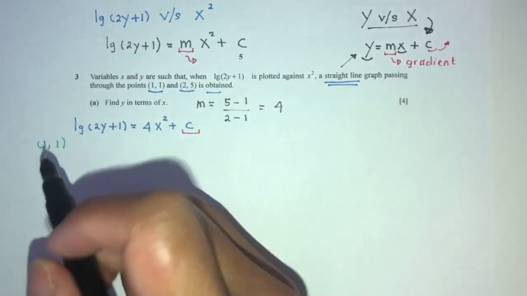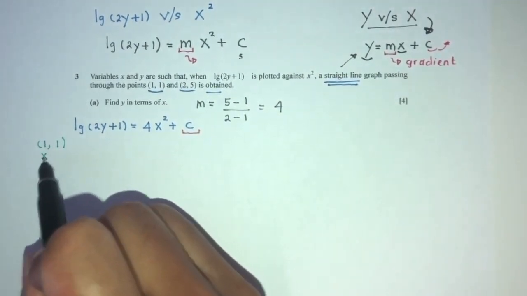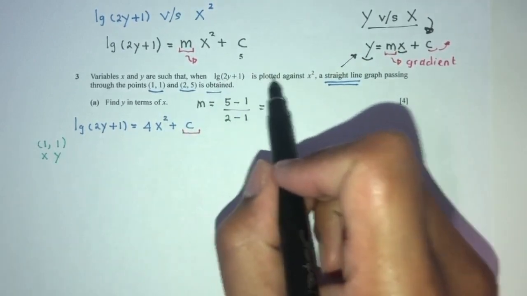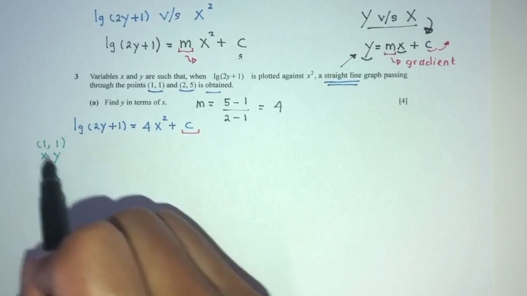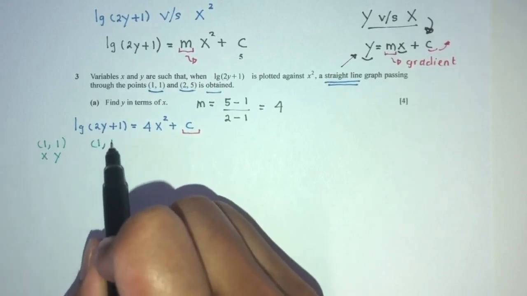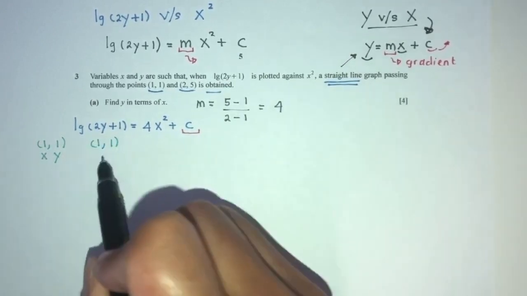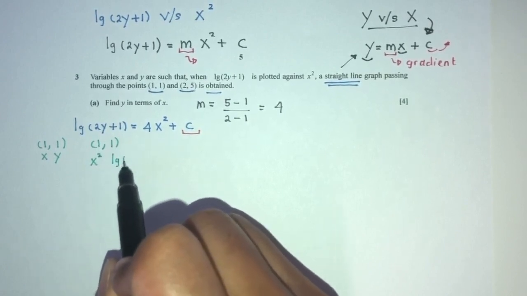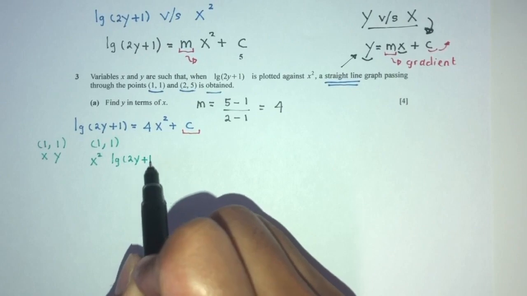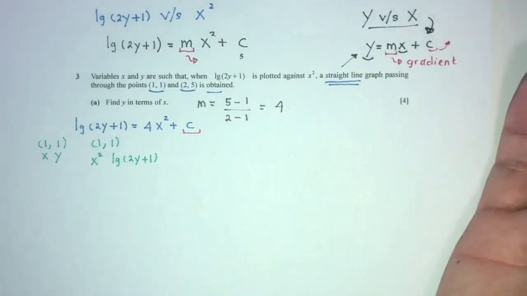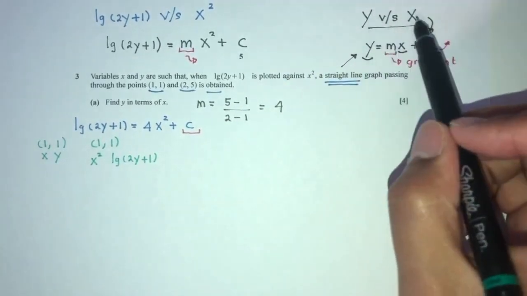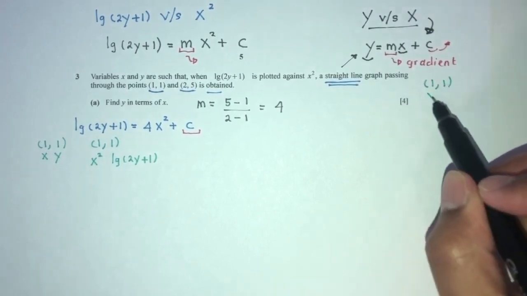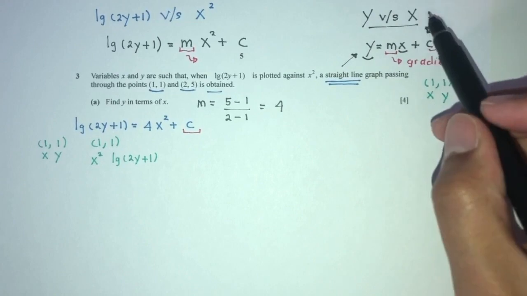In this case, obviously, this is not x, this is not y, because we have seen that it is log of this against this. So it means that if I take the point 1, 1, this will have to be x squared, and this has to be log of 2y plus 1. Hopefully that makes sense. When we plot y against x, when we take a point, we call this x and y because we plot y against x.